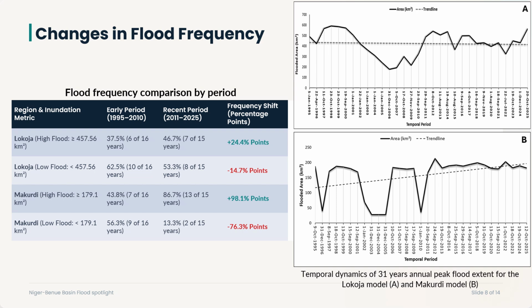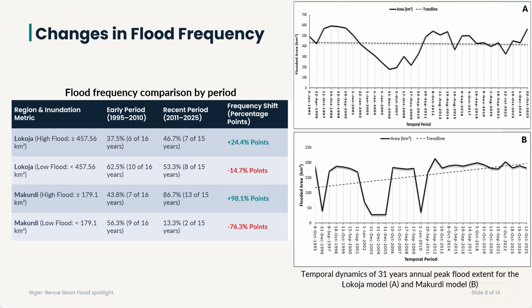Regarding the flood frequency, which is captured in the table on this slide, the table shows that in the Lokoja area, there is an increase in the frequency of severe flooding since 2011. The early flood period, 1995 to 2010, on the one hand, is dominated by low magnitude flooding, with 5 out of every 8 years exceeding the weighted average threshold.